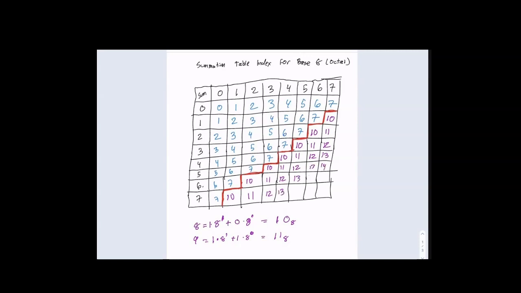Then 14. Then 15. And finally 7 plus 7 is 16 in octal. So remember, these are base 8. All right, this is base 8.